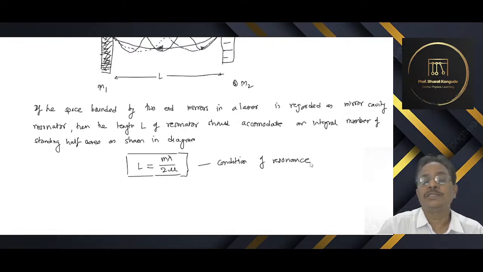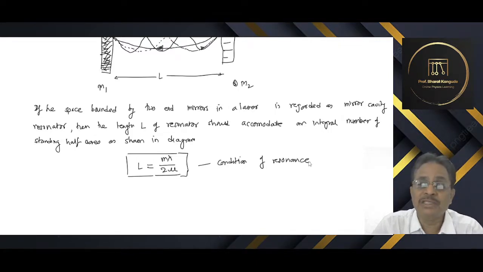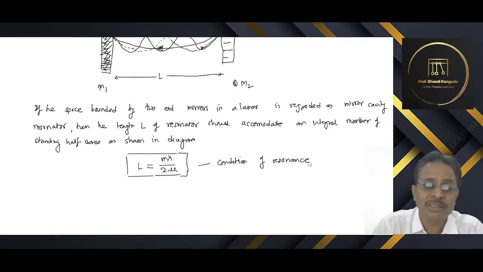And if this condition is satisfied, then only there is resonance, there is amplification, and there is a good output of laser. Otherwise, even though lasing action would be there, this condition would not be satisfied. Here mu is the refractive index, lambda is the wavelength of laser light, and L is the cavity length. If these three are matching, we get an expression L is equal to m lambda upon 2 mu, where m is 1, 2, 3, 4, etc. Fractional m is not allowed.